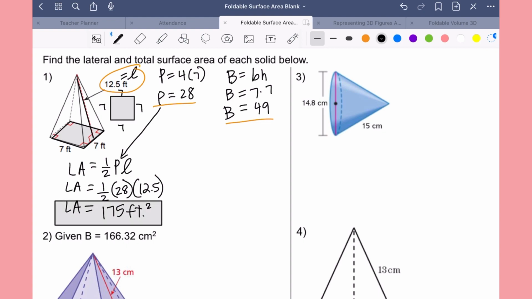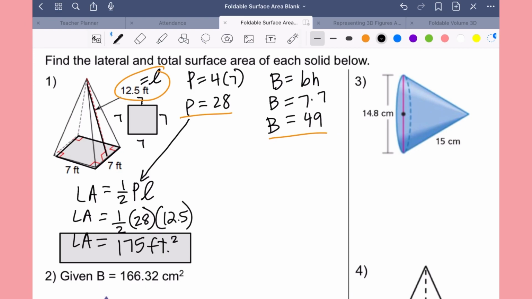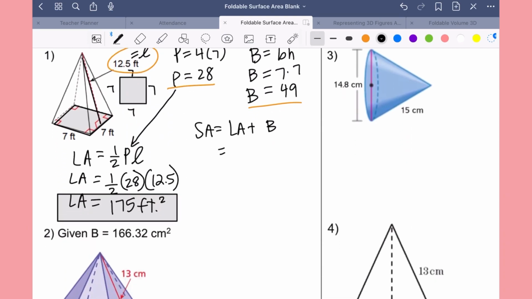Okay. And why did I do lateral area first? Because my total surface area includes lateral area in the formula. So total surface area equals your lateral plus 1B, because this pyramid only has one base at the bottom. And actually, I already have what I need. I just have to plug it in. What's your lateral area? Lateral area comes from here, and we take it over there.